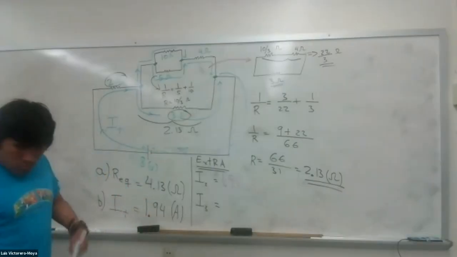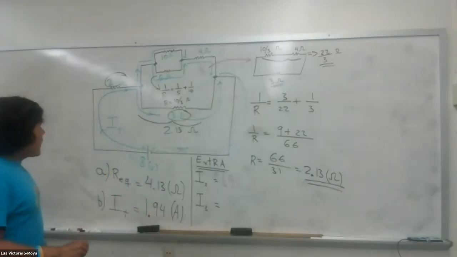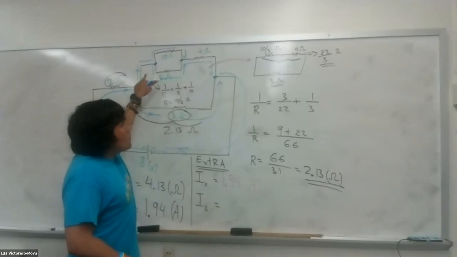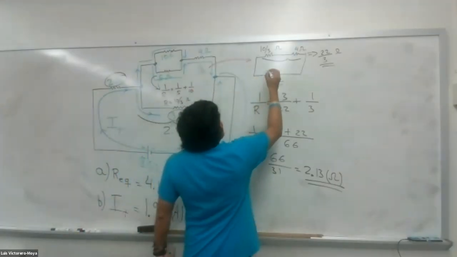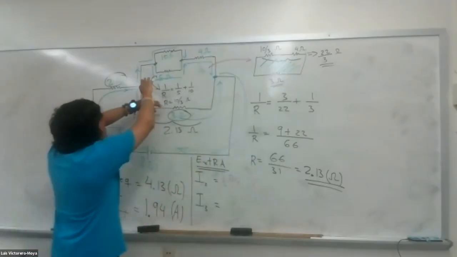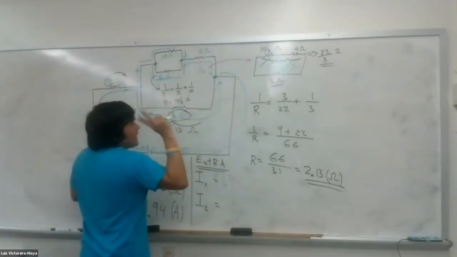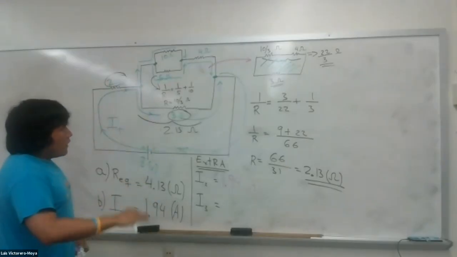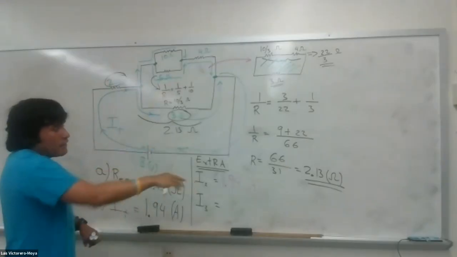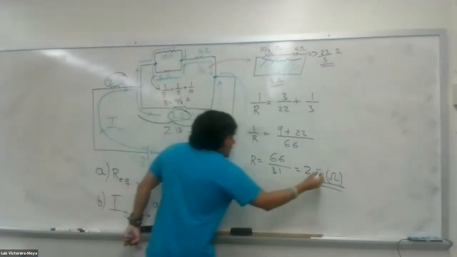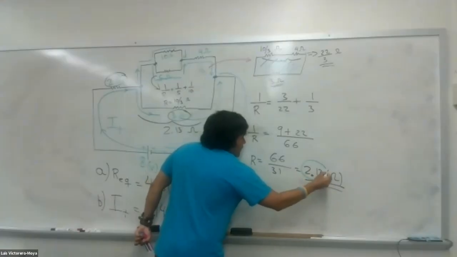Now, let's find the current on 3. To find the current on 3, because you're inside this loop, you want to find the voltage here. There are 2 ways you can do that. Let's suppose you did it like I did here. You know that the resistance of this loop is 2.13.